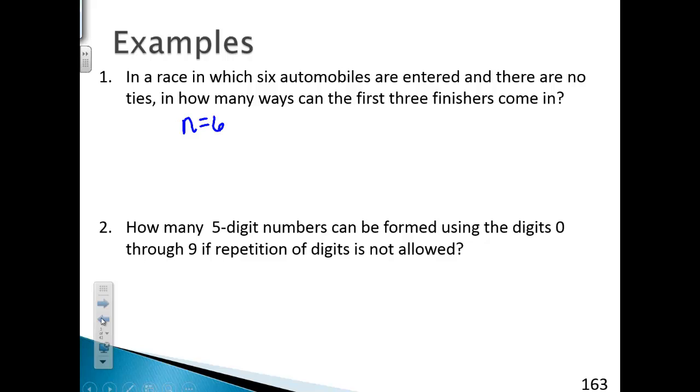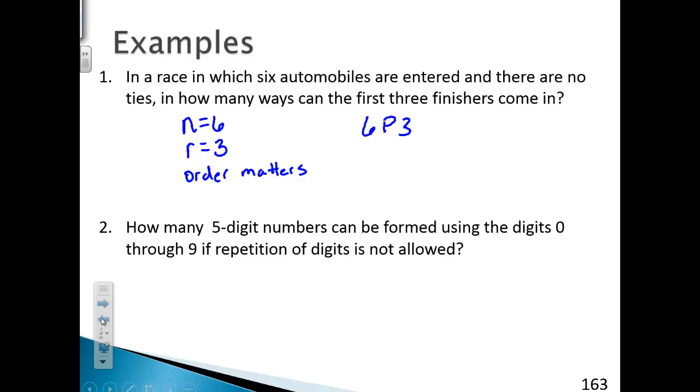Sorry for that screen jump. I had the wrong button activated. N is 6. R is 3. And we're ranking, so the order matters. So on our calculator, we're going to enter 6P3.